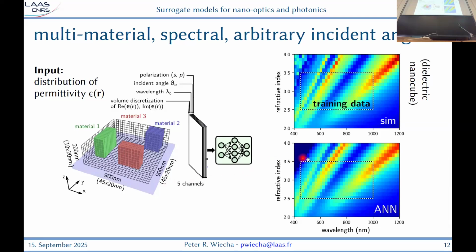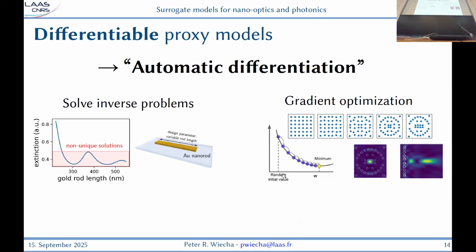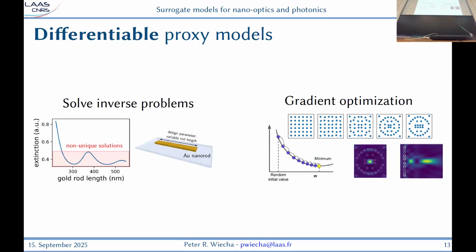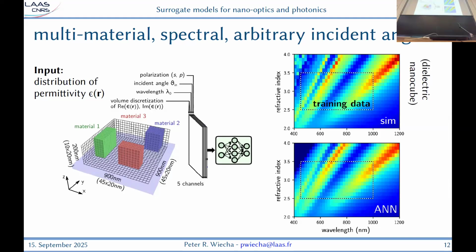So I just depict here the training data range in wavelength and material refractive index. And we found that this network actually managed to generalize surprisingly well to larger refractive indexes or shorter wavelengths compared to the training data regime. So we don't really understand why.